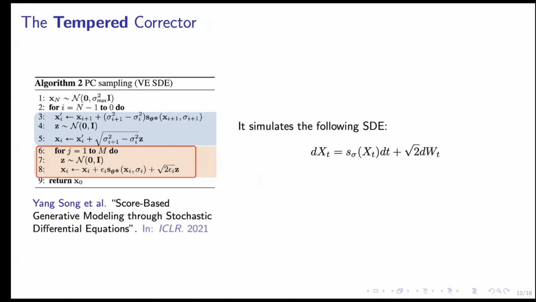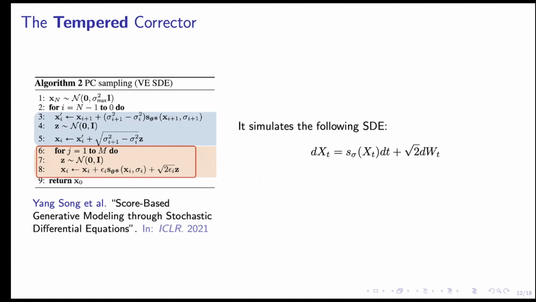There's a popular framework in diffusion models called the predictor-corrector framework. In the reverse process, in each reverse step, we have an additional inner loop that runs Langevin dynamics. That's called the corrector step, and it's widely used in diffusion models.